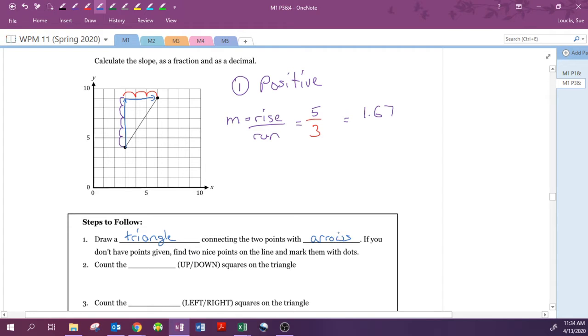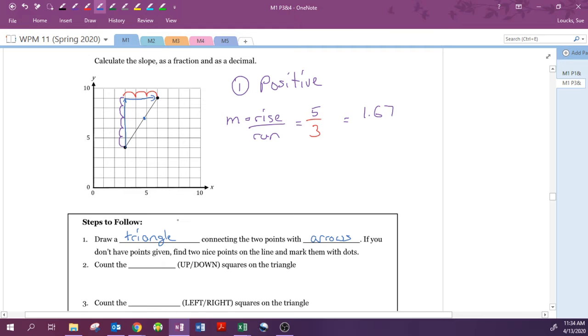If you don't have the points given, find 2 nice points on the line and mark them with dots. What we mean by nice points is we actually call them lattice points. So you want a point where the line of your graph intersects with the grid lines so that you know exactly what the value is there. For example, I wouldn't want to pick this point right here because I don't know exactly what that is. So I'm not going to pick that point.